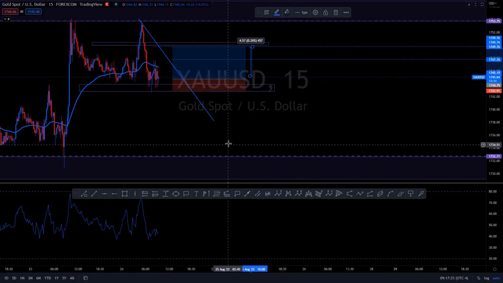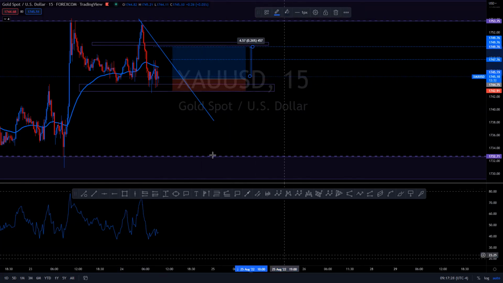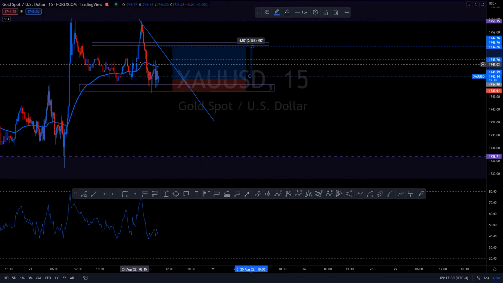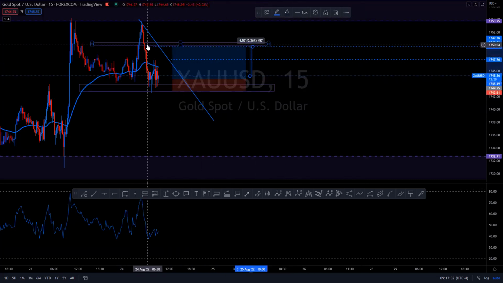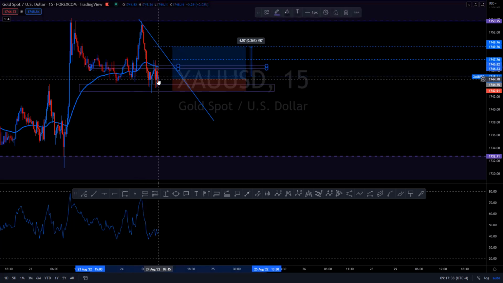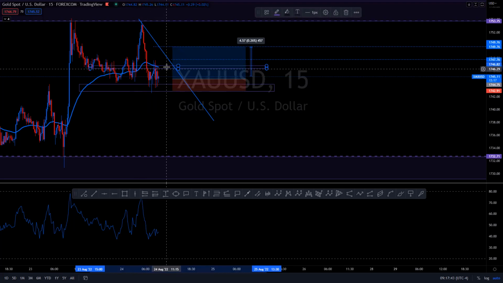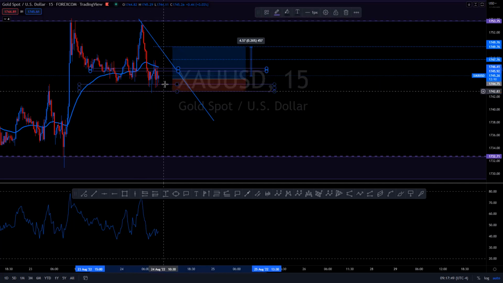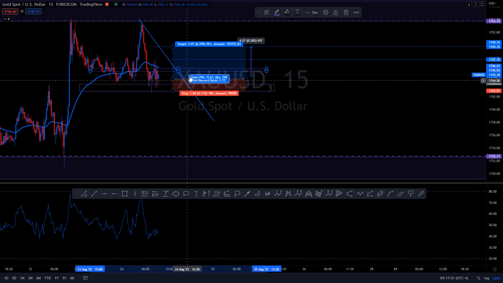So now there's a possibility too. We actually have a zone up here. Price tested this area as well. So it could hit this area, come back down. The test that is in between zones.